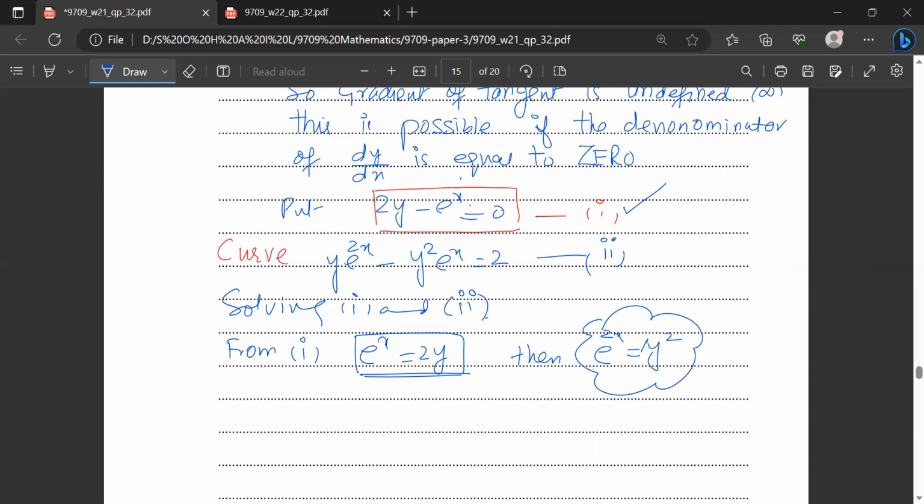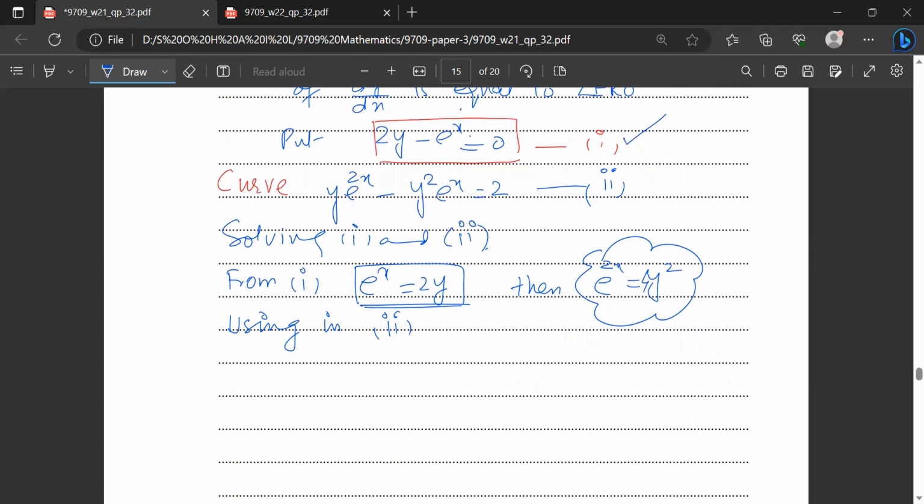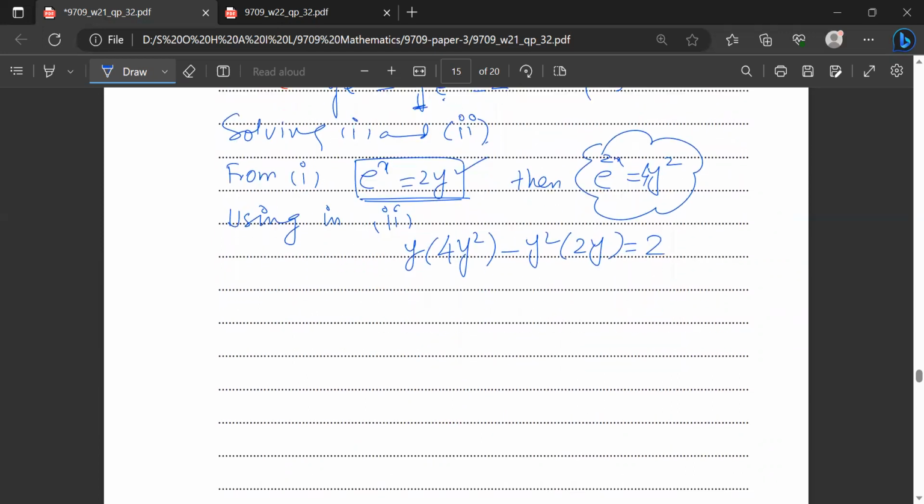Using this in 2: y, e power 2x is 4y square, minus y square, and e power x is 2y, is equal to 2.